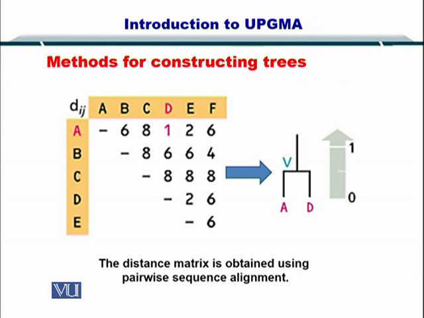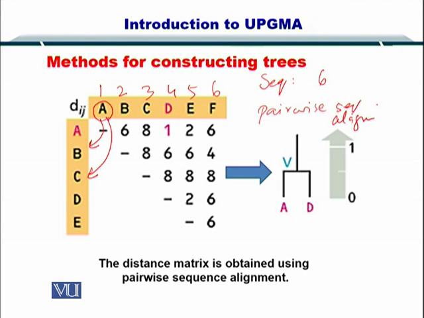So let's consider 6 sequences, which may be nucleotide sequences or amino acid sequences. We have 6 sequences and we perform their pairwise sequence alignment. Here you go. A is aligned with B, C, D, and E. So the distance is written here.